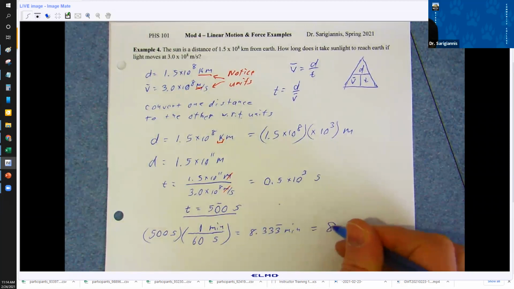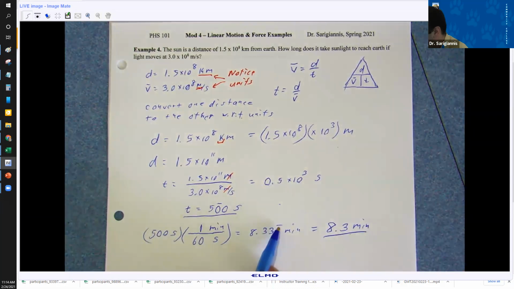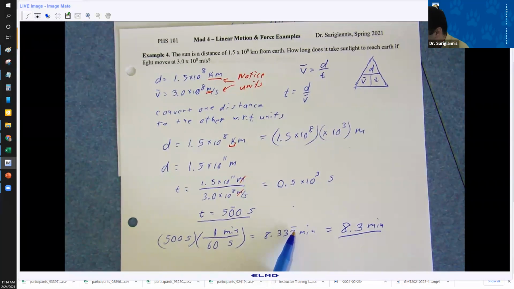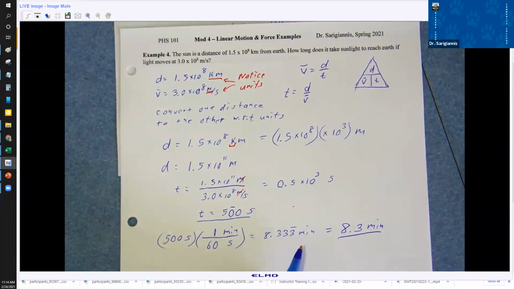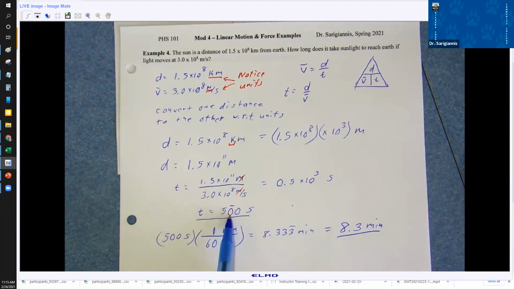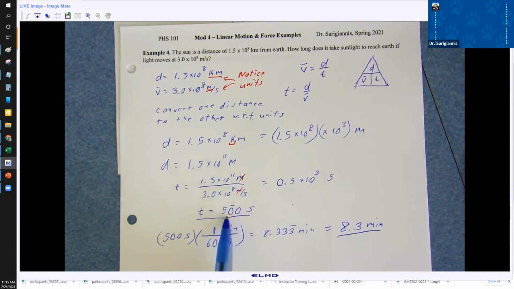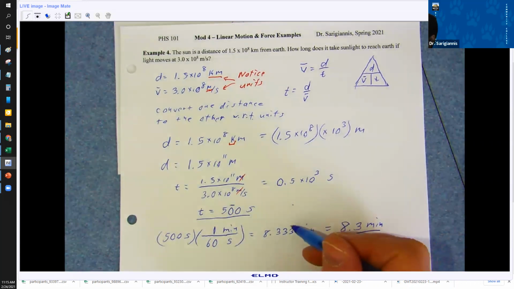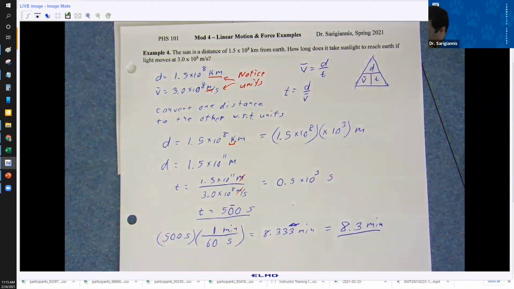This equals 8.3 minutes. This is the problem. It didn't occur to me until I just wrote it, but the bar is very much used in math to denote a repeating number, right? And here we're using it for significant figures. It technically is a repeating 0, but this is to indicate 2 significant figures, not repeating. I'm just going to scratch this out because it's going to be more confusing for people. So 8.3 minutes.